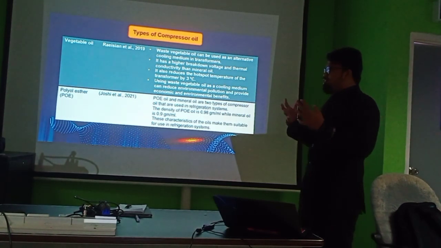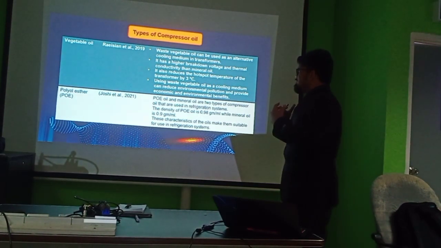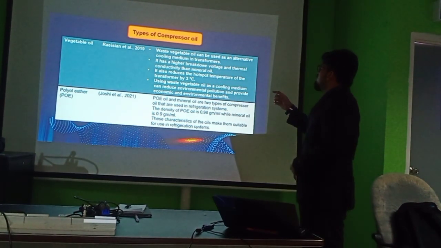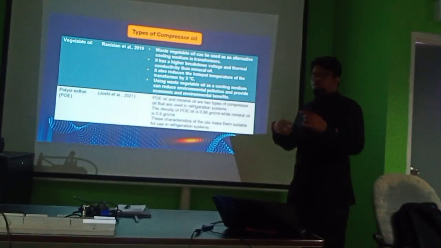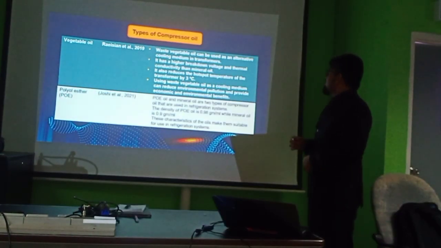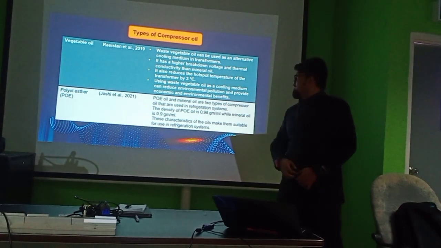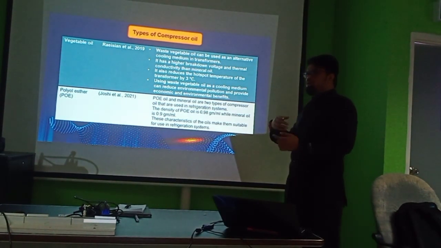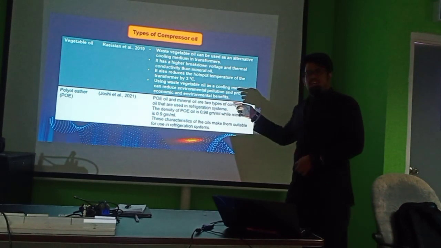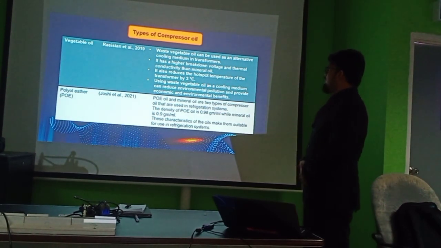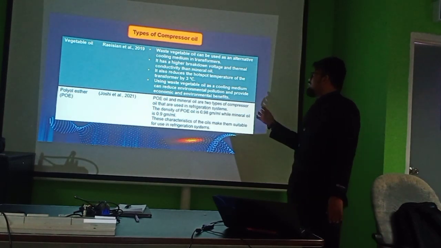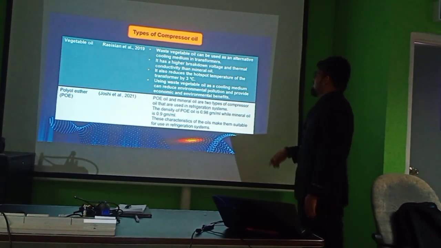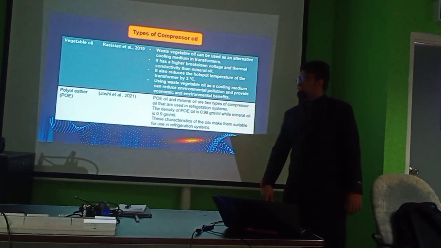The unique one is vegetable oil, because in this journal they use waste vegetable oil that can be used as an alternative cooling medium in transformer. Sometimes we use POE, PVE, but this time they use waste vegetable oil. Why? Because they say it has higher breakdown voltage and thermal conductivity than mineral oil.